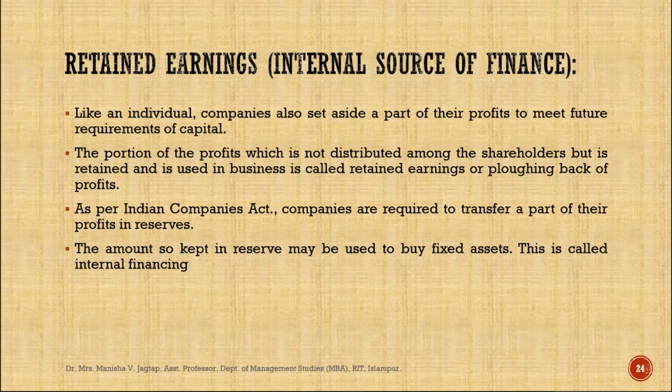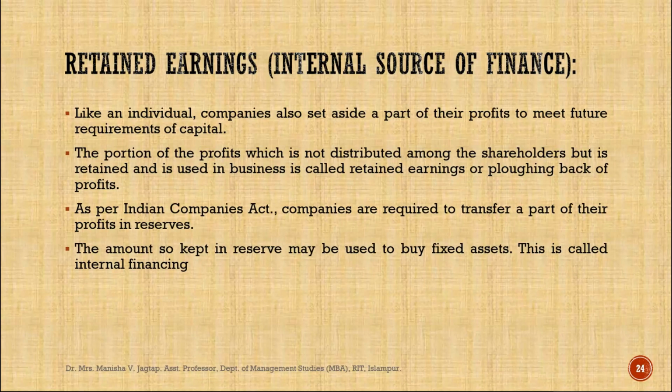As per the Indian Companies Act, companies are required to transfer a part of their profits to reserves. The amount so kept in reserve may be used to buy fixed assets. Therefore, this is also called internal financing.